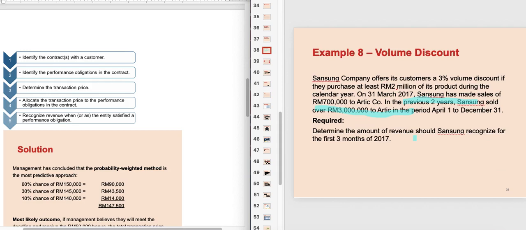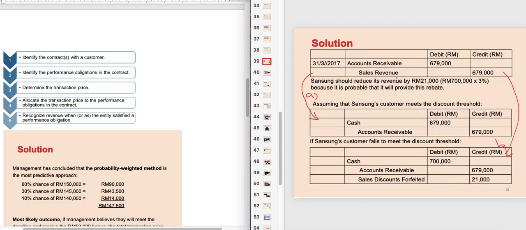It does not achieve the 2 million. So the customer does not deserve the 3% volume discount. Therefore, when the customer pays, they have to pay in full, 700,000, without deducting the bonus, and then you will close the account receivable, that is 679,000 here. So the difference between 700,000 and 679,000 is considered as sales discount forfeited.